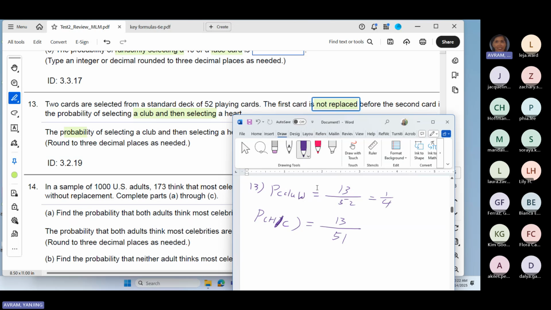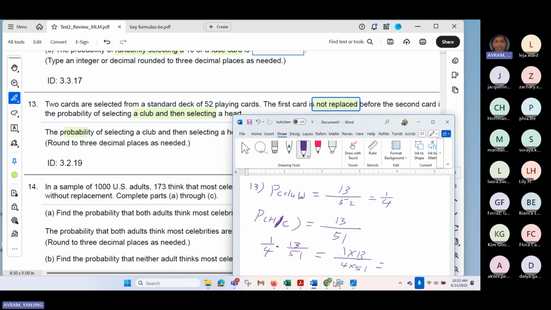Okay, multiply these two together. Multiply 1 over 4, or you can use 13 over 52. Doesn't matter if you don't want to simplify. Okay, and then just multiply these two together and then convert it into a decimal. So 1 times 13 divided by 4 times 51. All right, and then you can put it in a calculator or in Excel.